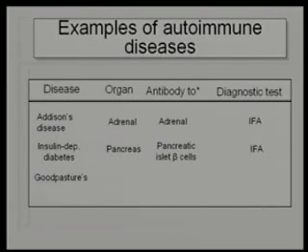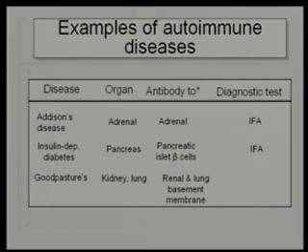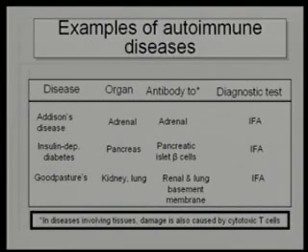Goodpasture syndrome: kidneys and lung, the basement membranes of the two organs, with renal and lung basement membrane damage and antibodies there, again by indirect immunofluorescence. I'll give you some examples.